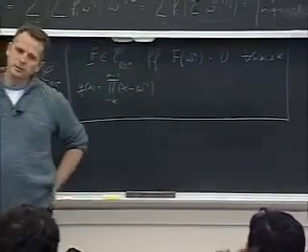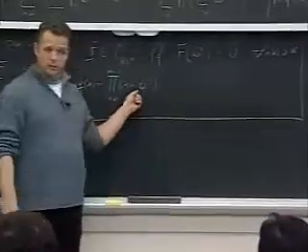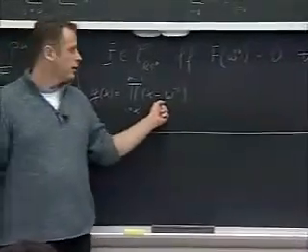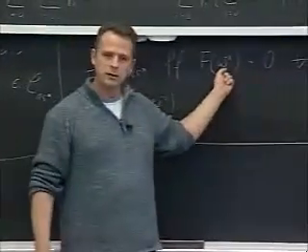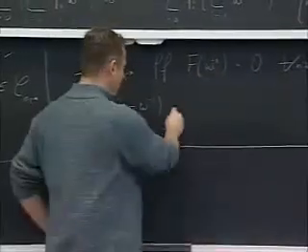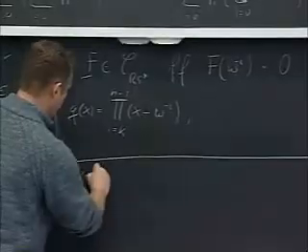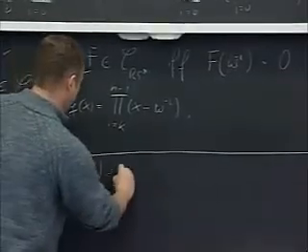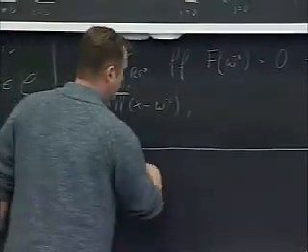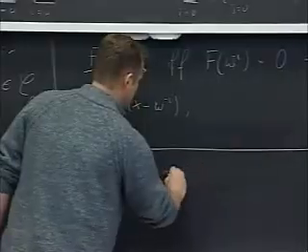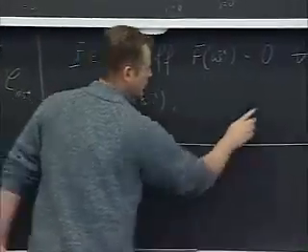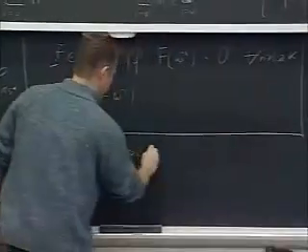This is a polynomial which satisfies this, so in particular we have G of omega to the minus i is equal to 0 for all i less than n and greater than k.